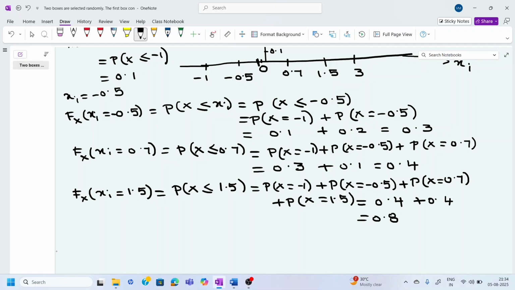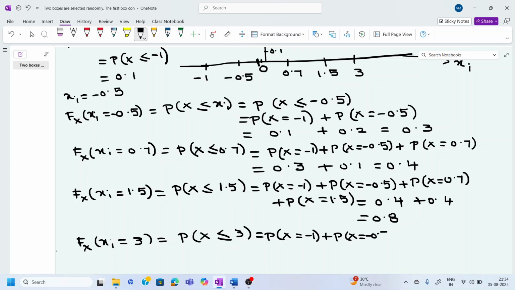So the total will be 0.8. Next, Fx at xi taking the value 3. That is equal to probability of X less than or equal to 3, which is nothing but probability of x equal to -1 plus probability of x equal to -0.5 plus probability of x equal to 0.7 plus probability of x equal to 1.5 plus probability of x equal to 3.